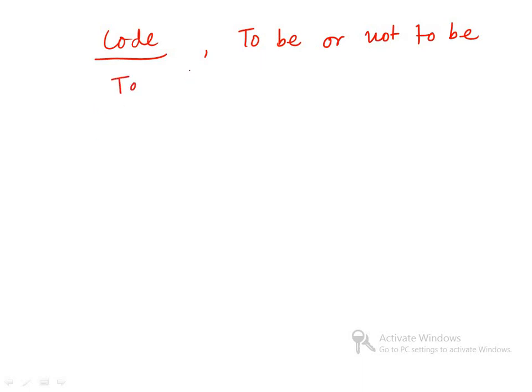So the plain text is "to be or not to be", and whatever the key is, I am not mentioning it over here. The cipher is given as V, F, R. This is the format in which the question is given.